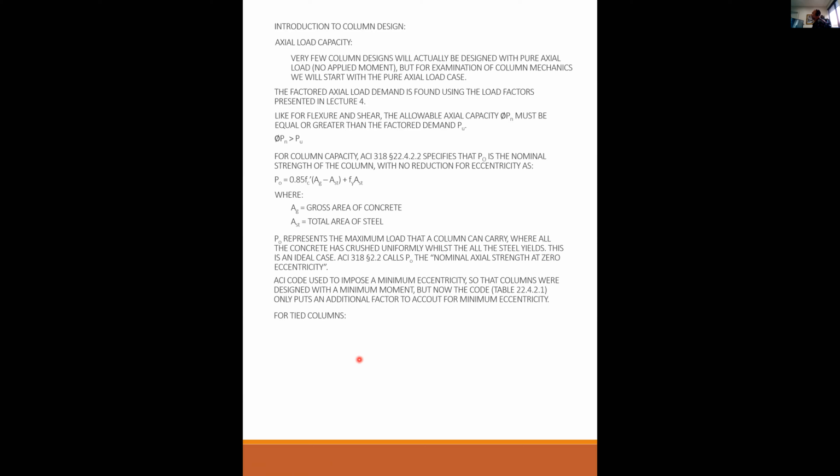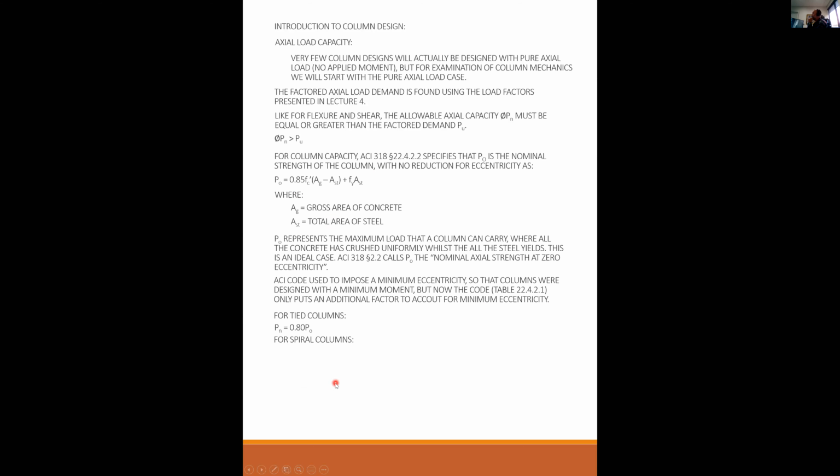So for tied columns, Pn, this is the allowable capacity, Pn is equal to 80%, 0.80 of P naught. So here's P naught, and this is Pn. Pn is less than P naught to make up for minimum eccentricity of the load or some minimum amount of bending moment applied to that column.